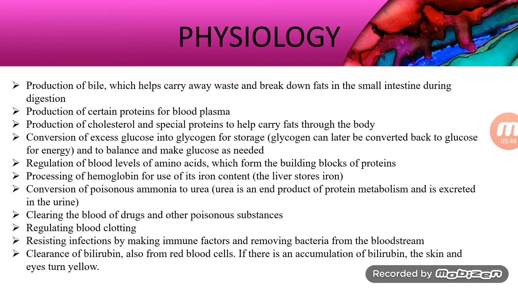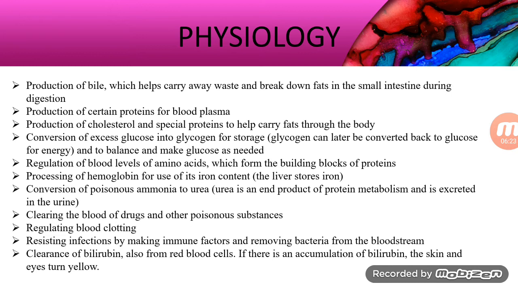So conversion of excess glucose into glycogen: when we eat sugar or glucose material in excess amount, at that time the excess glucose will be converted into glycogen, and then that glycogen will be stored in the liver for future use.